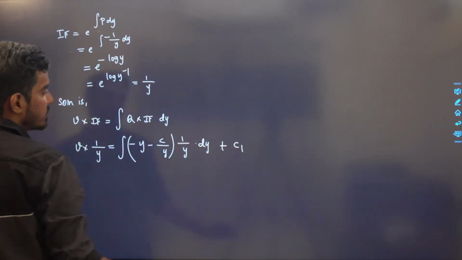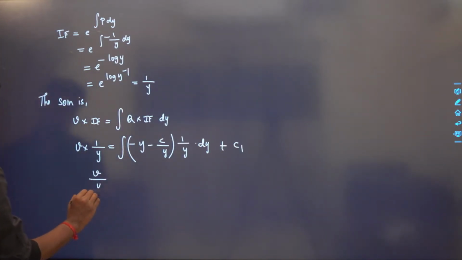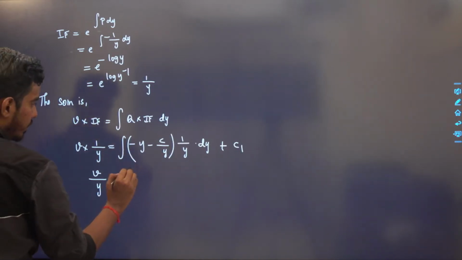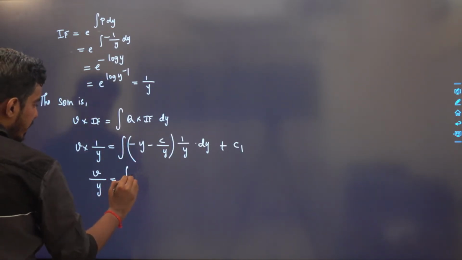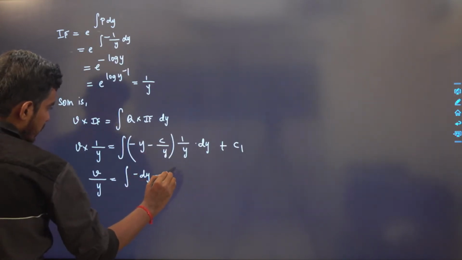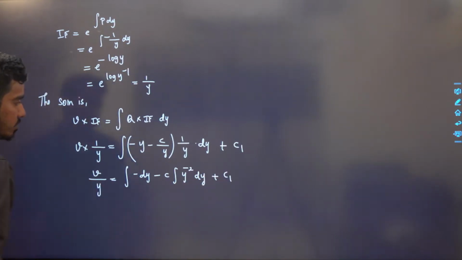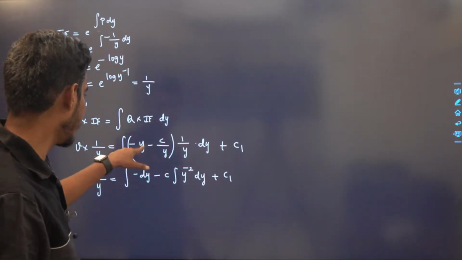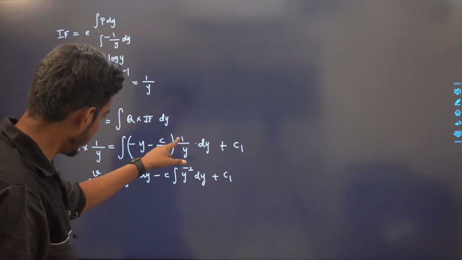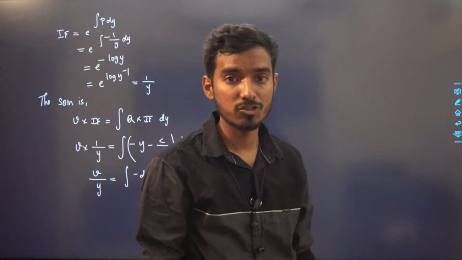Let us add some constant c1. So v by y is equal to, if I multiply by 1 by y, y will get cancelled, we will have minus dy, and this will be minus c by y square. Taking y square to the numerator, we will have y power minus 2.